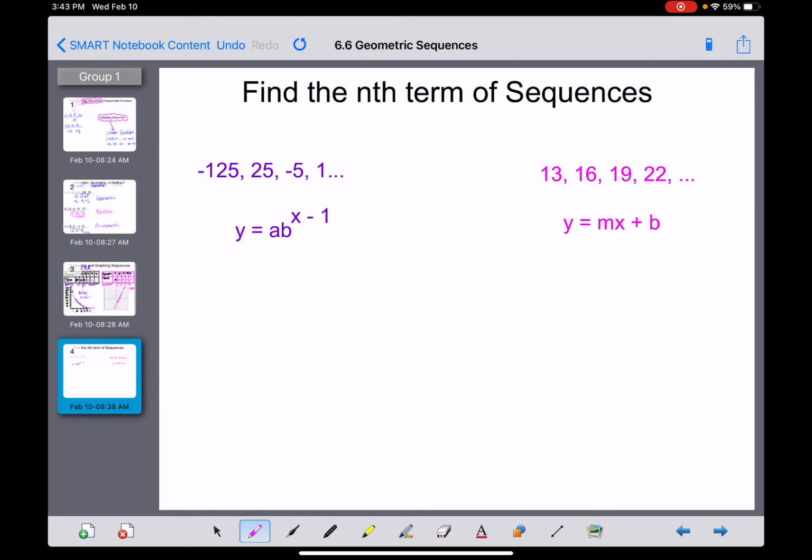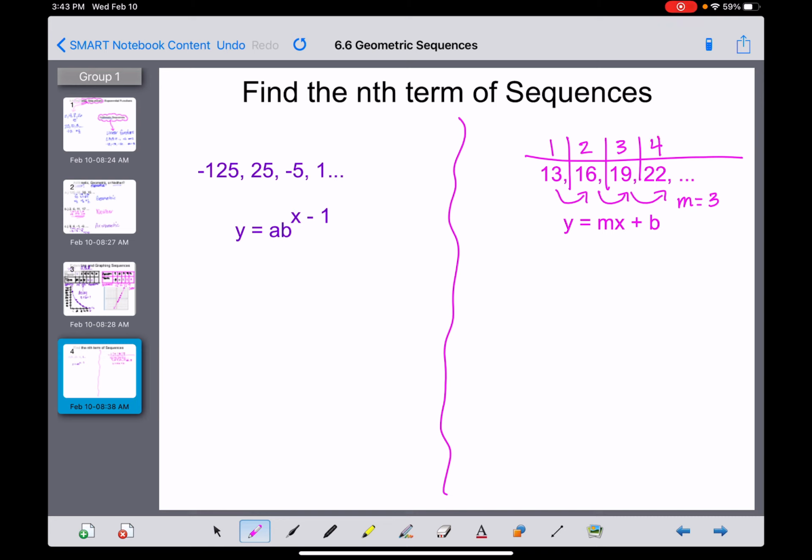The last thing we're going to do is write these as an equation. So if you recall back to linear functions, we would look for a constant rate of change. It is an increase of 3, so that represents my slope. If we think of it like a batting order, this is the first batter, second, third, and fourth. Most of us went back and said, well, we know the y-intercept has an x value of 0.